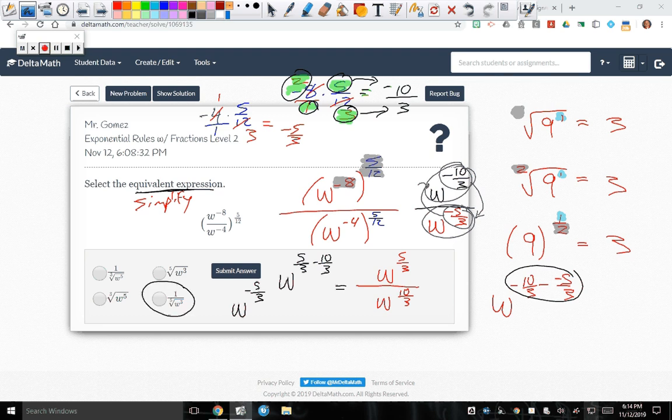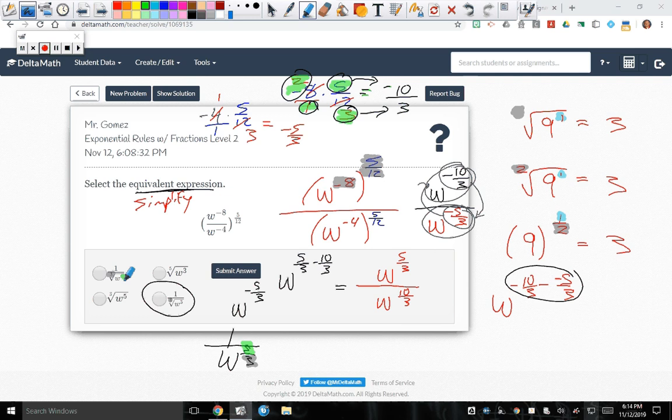Because the negative means it's going to go downstairs as a positive 5/3. The roots, which are below ground, are going to go, oh, that might be wrong. No, that's what I got to. Oh, wait. No, it's A. Yeah. It's A. It's going to be over here. And then the power is above ground level. It's going to be right there. Yeah. So A would be the answer.